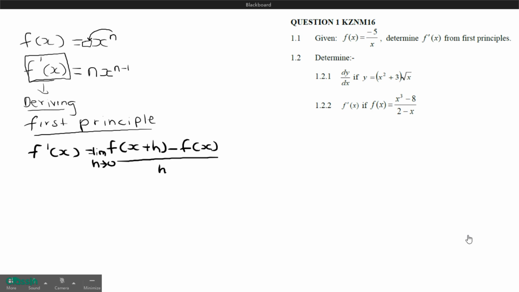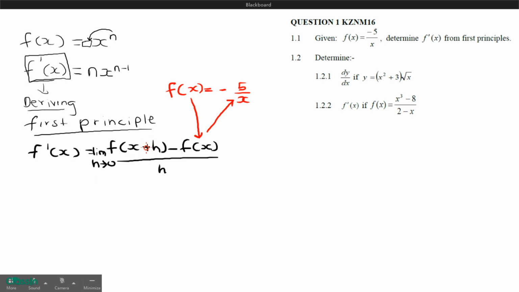So literally it means that what we have here from the question itself, if they are saying that our f of x is equal to -5 over x, this is the same. The f of x that is here is going to be substituted by that.